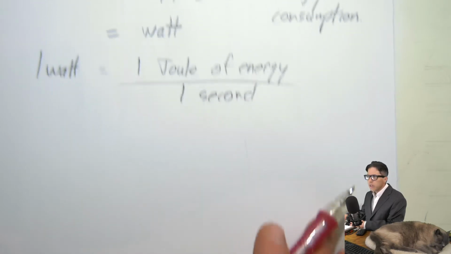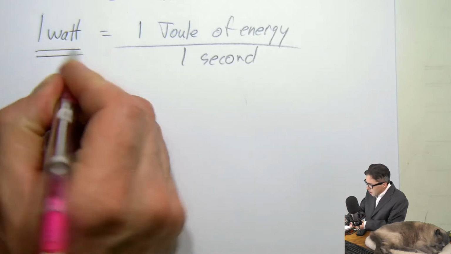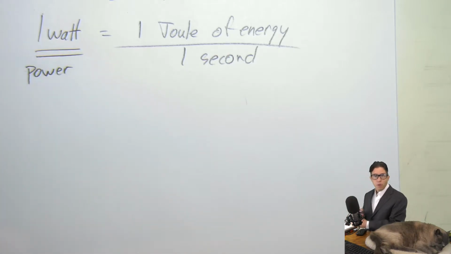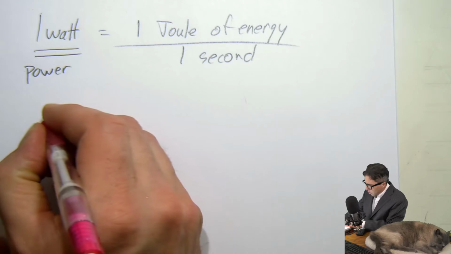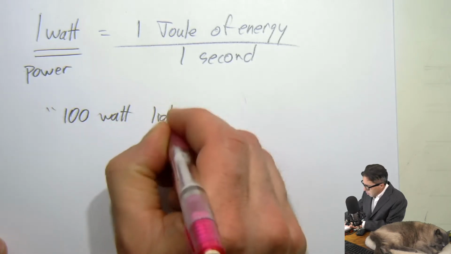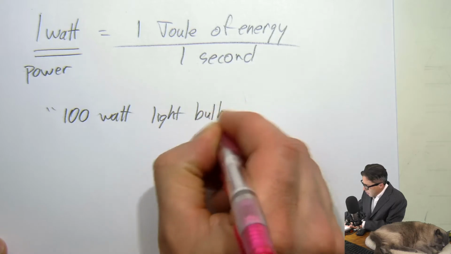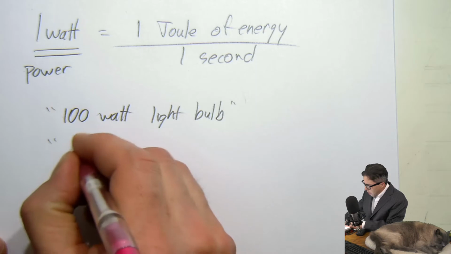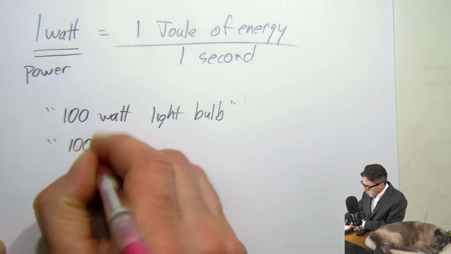Okay, so this is power, and you've heard of this because, for one thing, you may have heard it in terms of light bulbs. You might hear something like 100 watt light bulb. Or some guys can tell you that they have a 1,000 watt stereo.